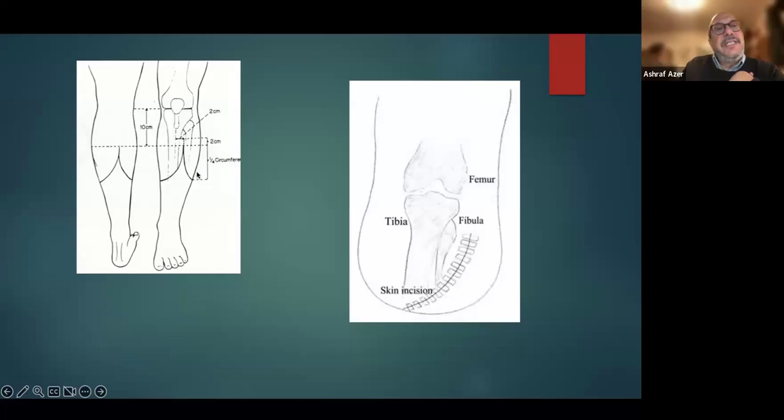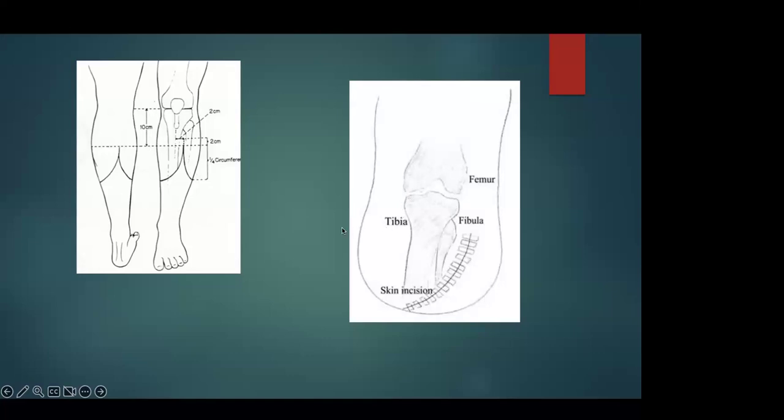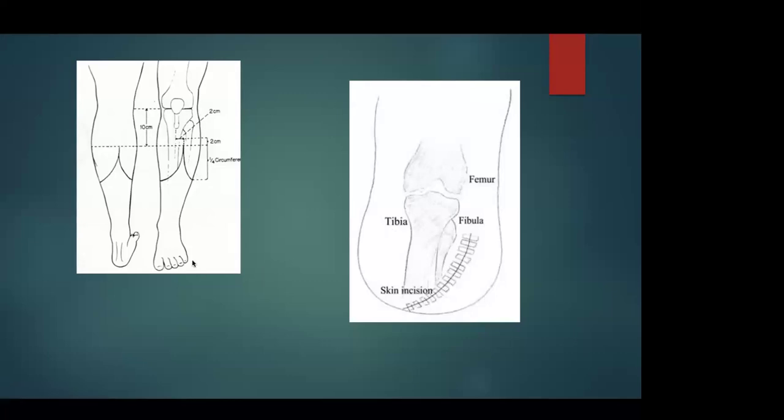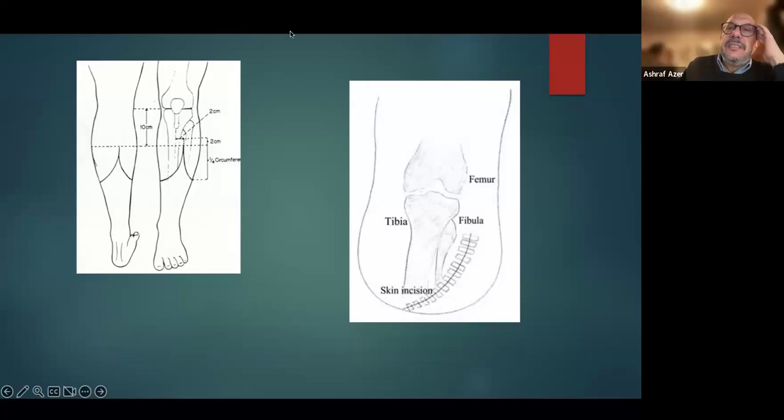If you need to do that, you need to measure the optimum length of your cut. 12 centimeters distal to the tibial tuberosity, I think. Sorry, you said it, Dr. Amr, 12 centimeters distal to the tuberosity. Why not 15? 12 to 15.